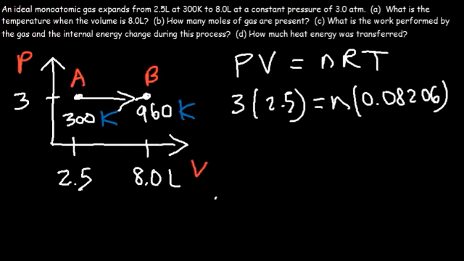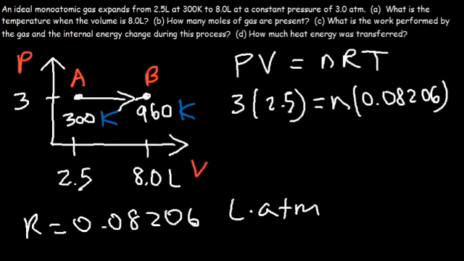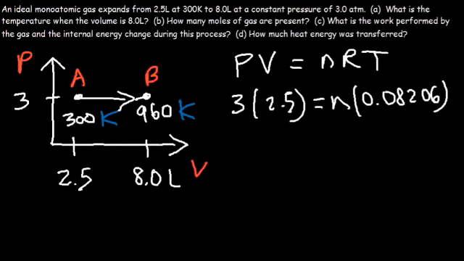Now the other R value, which is the one that we're using, 0.08206, it has the units liters times atm divided by moles times Kelvin. And since the pressure is in atm and the volume is in liters, this is the R value that we want to use in this equation.